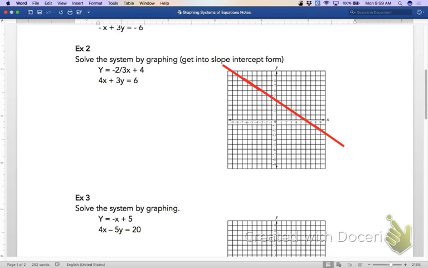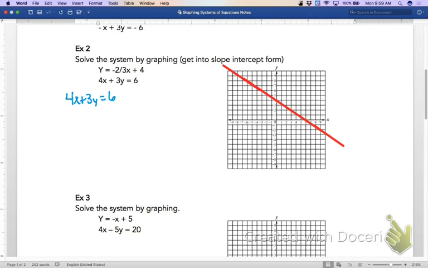Now, for the second one, where it's 4x plus 3y equal to 6, it's not in slope-intercept form, so I need to get it into slope-intercept form. So if I have 4x plus 3y equal to 6, how am I going to get it into slope-intercept form?